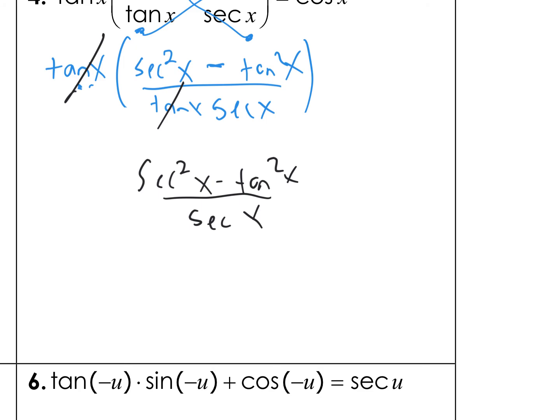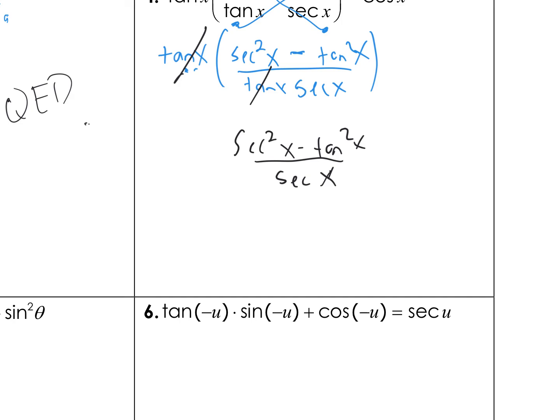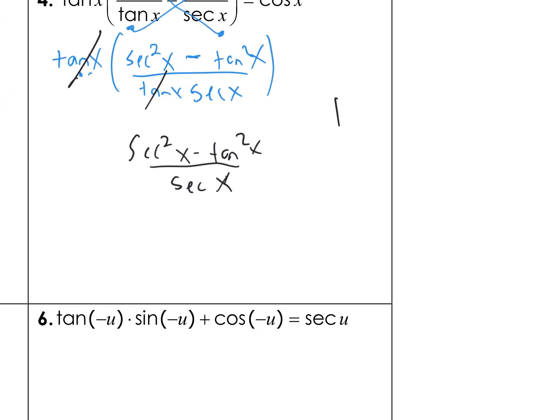Now, if you wanted to, you could probably go to sines and cosines right now since it's simplified. But is there an identity that uses secant squares and tangent squares? I think there was. I think it was tangent squared x plus 1 equals secant squared.